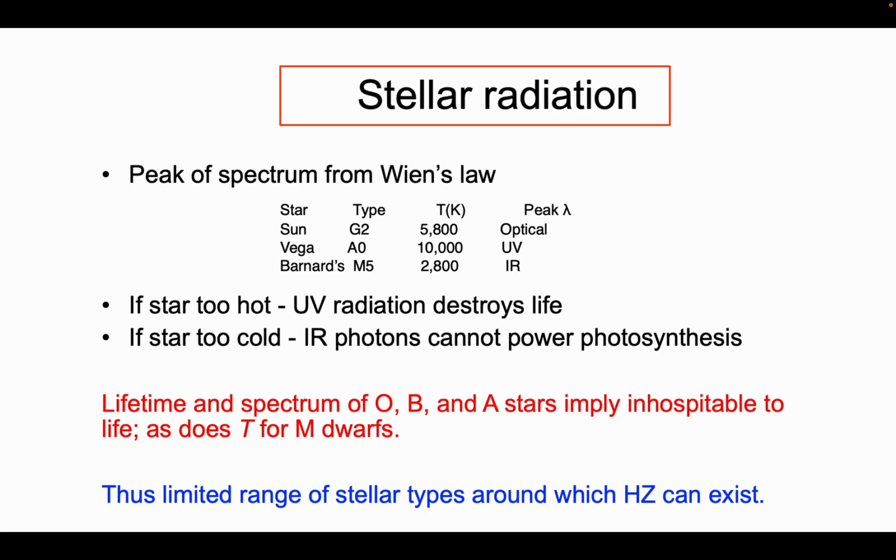Lifetime and the spectrum of O-type, B-type and A-type stars both imply they are inhospitable to life, as does temperature for the M dwarf type stars. Then there is a limited range of stellar types around which we can search for a habitable zone.